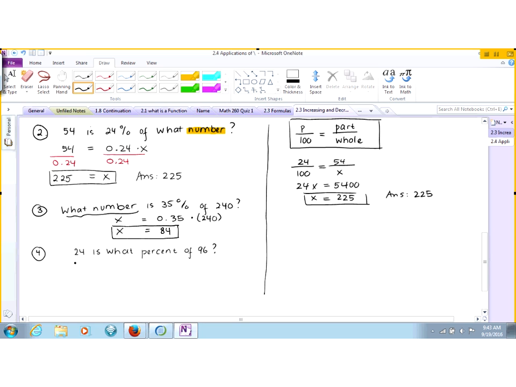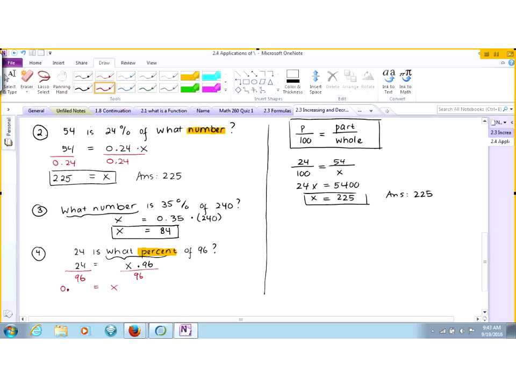24 is what percent of 96? 24 is what percent? X times 96. But I want my answer to be in percent, so I change it. So how do I solve for X? Divide both sides by 96.